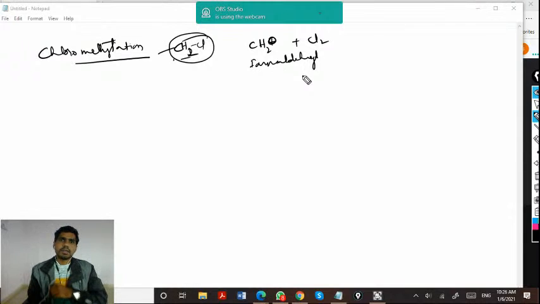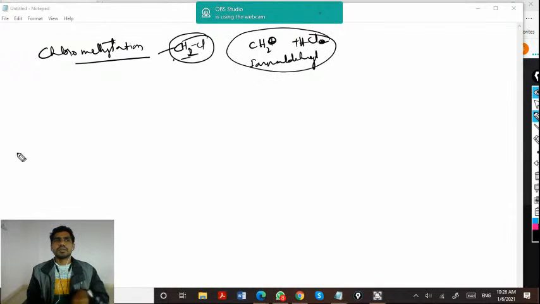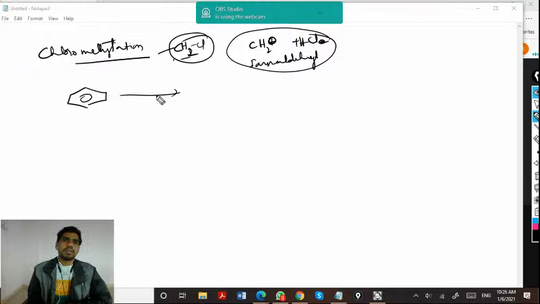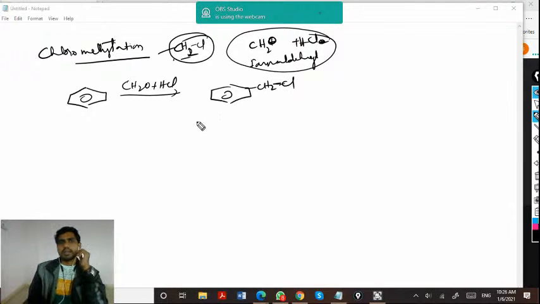Formaldehyde along with the HCl, okay, so this is the reagent system. So once a benzene system is treated with formaldehyde in presence of HCl, it is going to give chloromethyl substituted benzene.